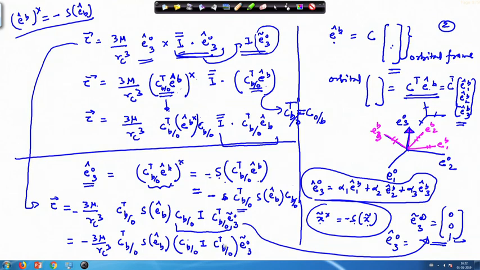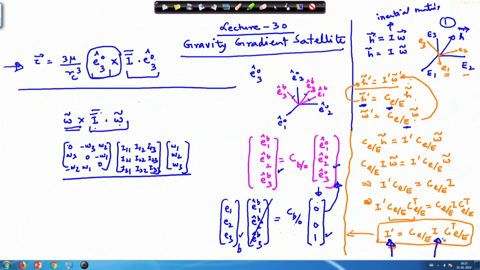So, C B O I times C transpose B O. Compare this. So, this is C transpose I and here C is less. In this format, we can see that this is getting converted from, if this refers to the orbital frame and this one refers to the body frame, from body frame to the orbital frame to the body frame.